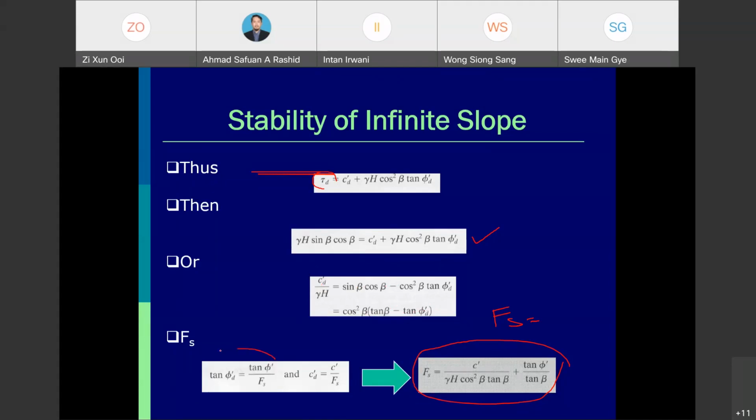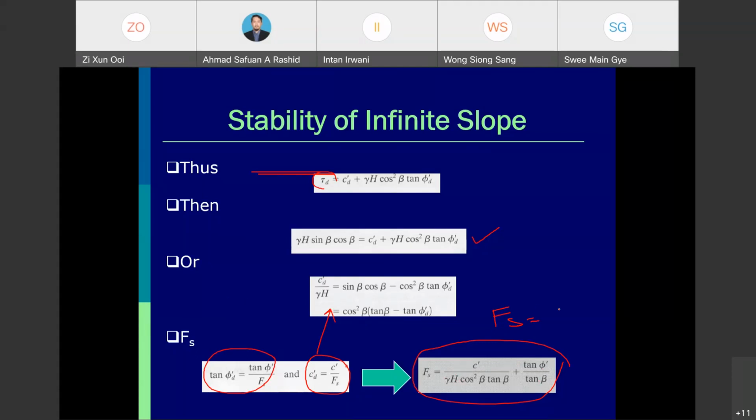Then they impose the tangent phi d and also the cd in this equation. So then they obtain the factor of safety equal to c prime over gamma h cos square beta tangent beta plus tangent phi prime over tangent beta. So that is the first equation.